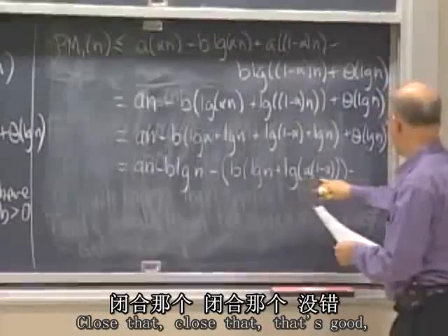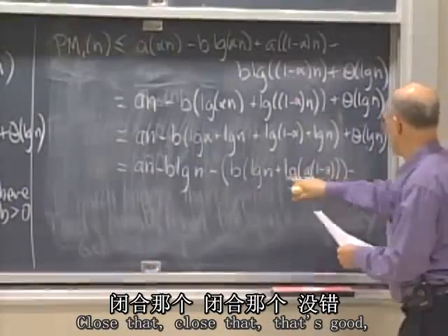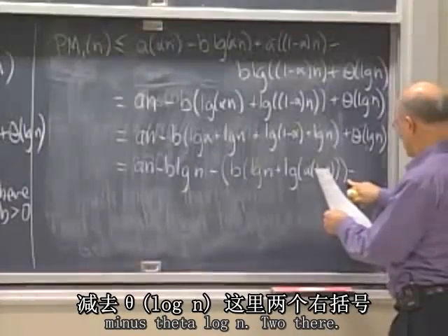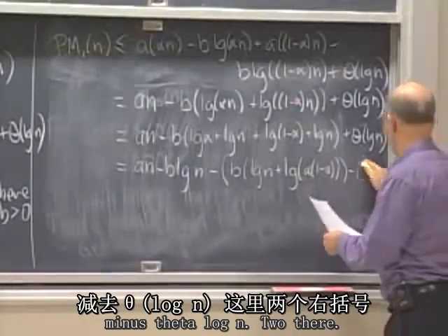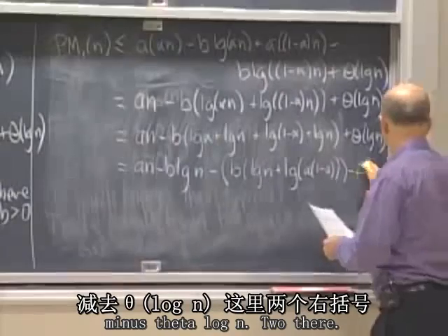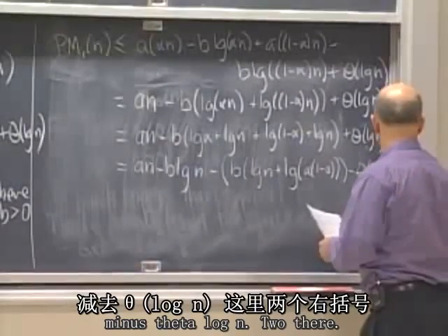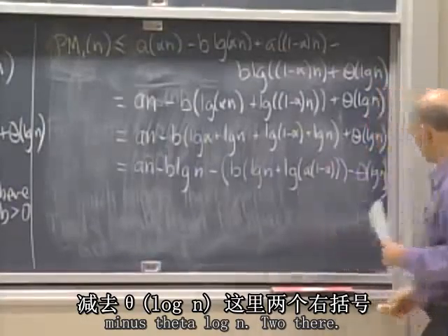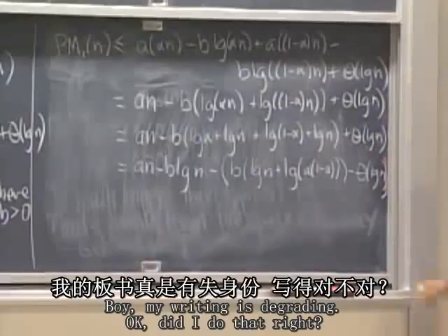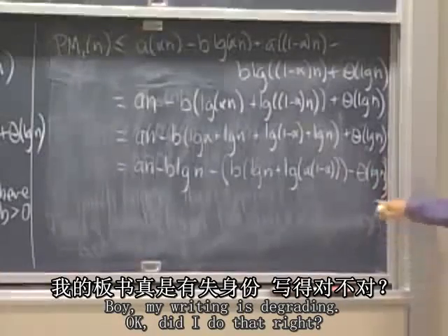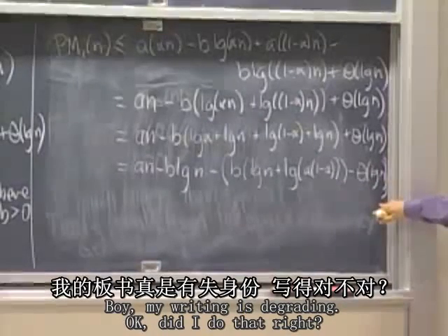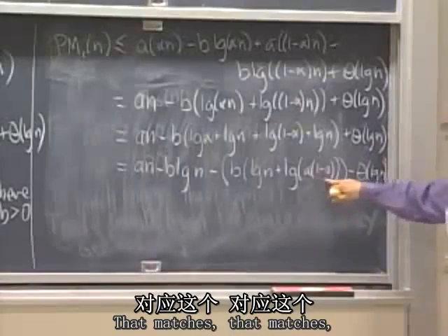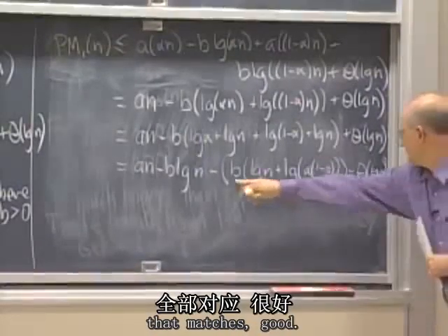Log of alpha times 1 minus alpha, close that, that's good, minus theta log n. My writing is degrading. Did I have the parentheses right? That matches, that matches, that matches. Good. And then b goes there.